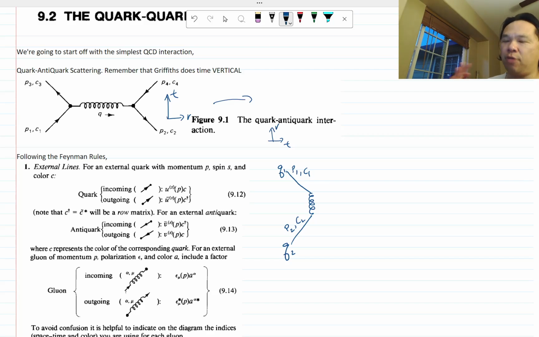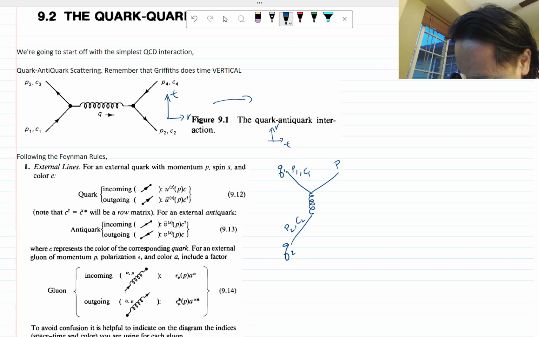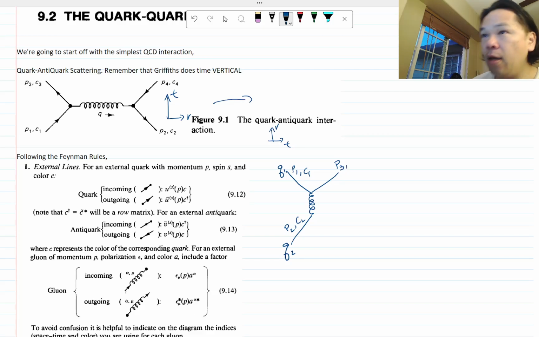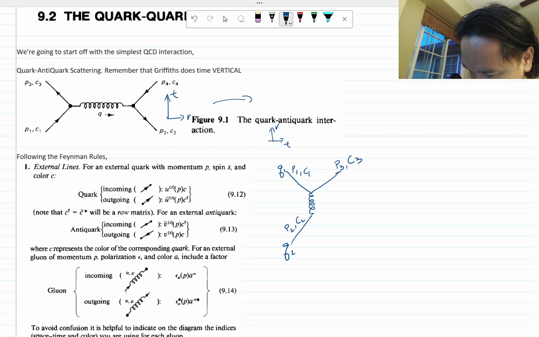Right, now we have to keep track of not just the momentum, the helicity, but also the color. Okay, and then the quark scatters off, right, and it will have some momentum P3, and then the color can also change. Okay, because when you exchange a gluon, you actually can change colors. This will have some C3.